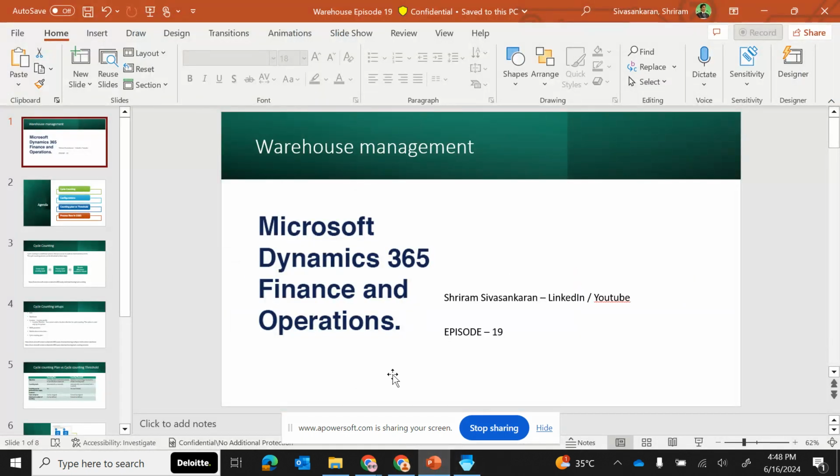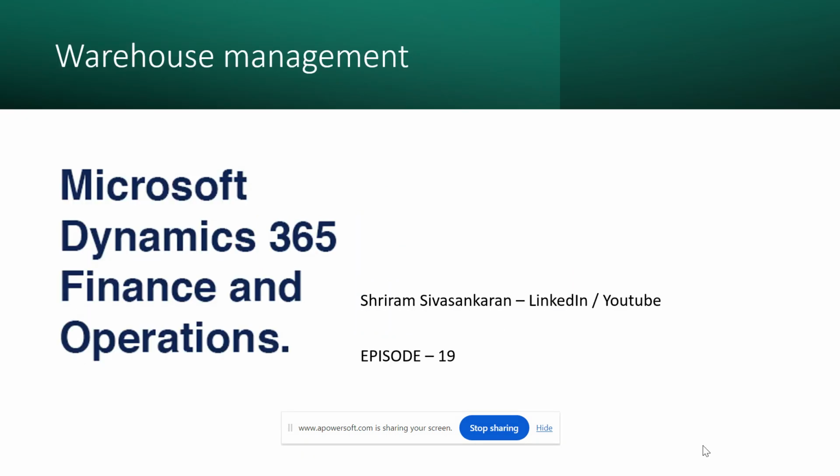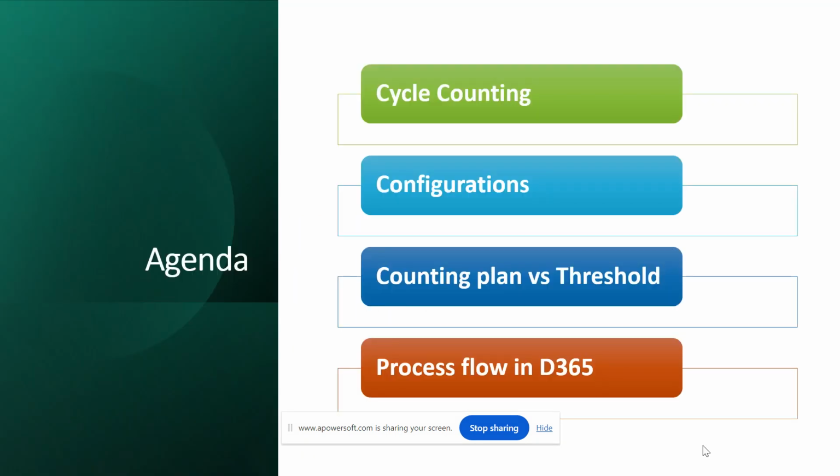First of all, for common understanding, I have prepared a quick presentation. In today's episode number 19, we will be covering cycle counting. What is cycle counting in Dynamics 365? What are all the configurations required for performing cycle counting?